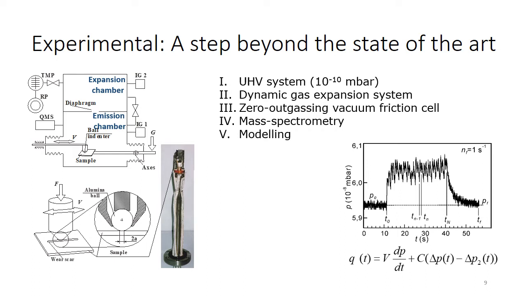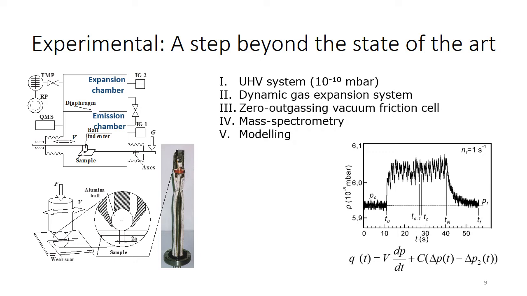The gases emitted from the sample are expanded through this orifice into the expansion chamber, and by the difference in pressure and knowing the conductance of this orifice, the rate of emission can be determined very accurately following these kinetic equations.